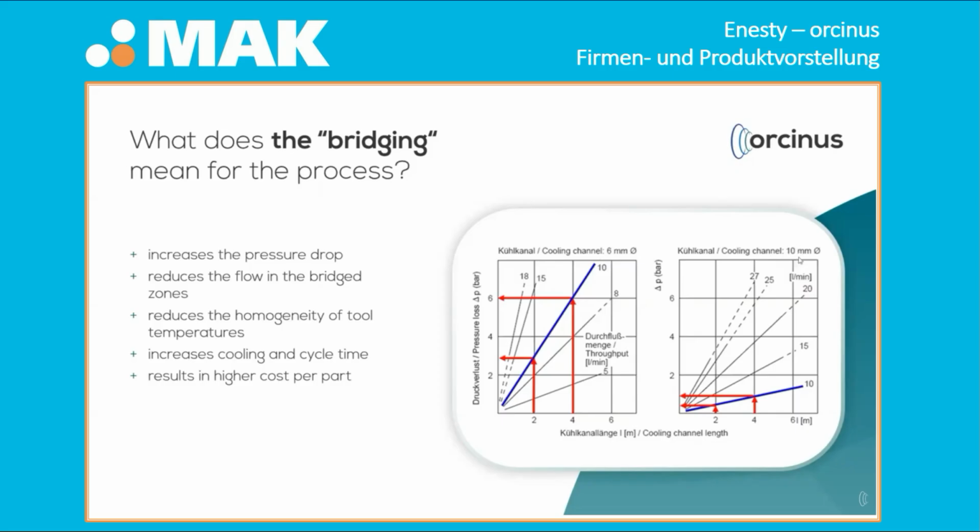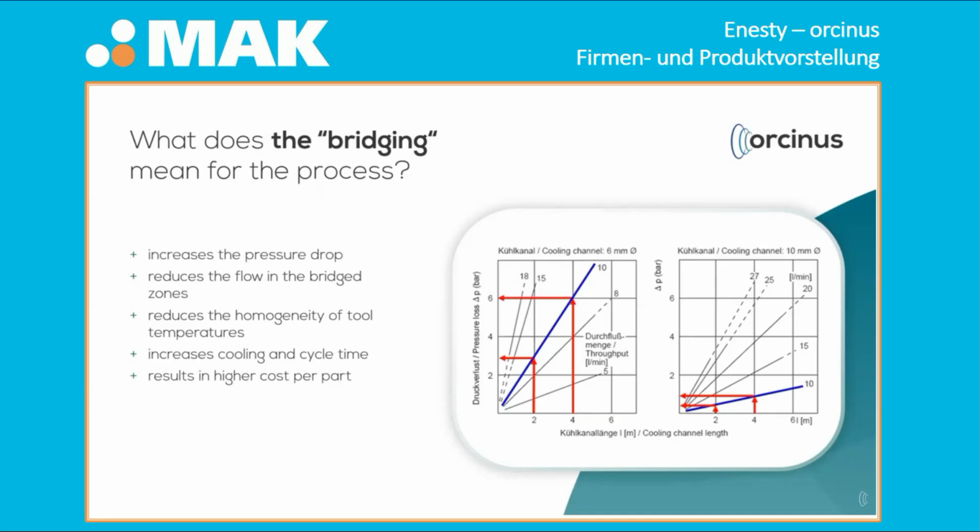But if you could use a 10 millimeter, then it will not be as impressive as here, where you lose 6 bar. What we want to show you is that the longer the cooling channel is, the more pressure drop you have.